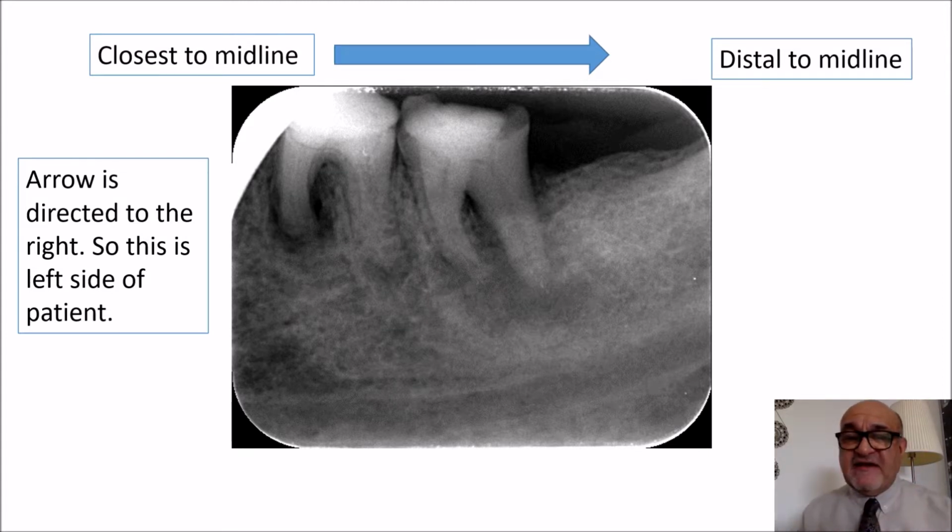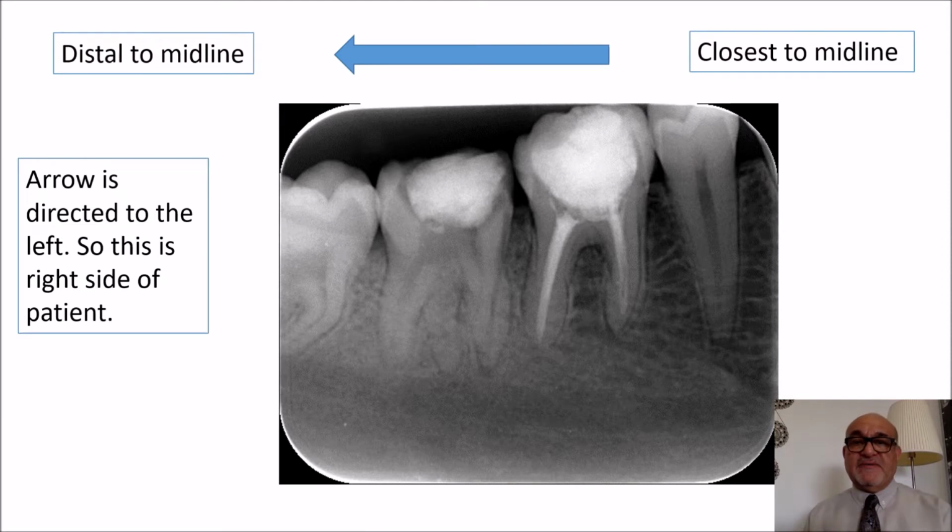Let us have another example. Again, mandible, inferior dental canal. Look at the horizontal direction of the trabecules. 4, 5, 6. The 7 here has an extra root, which is an exception, and this is the 8.